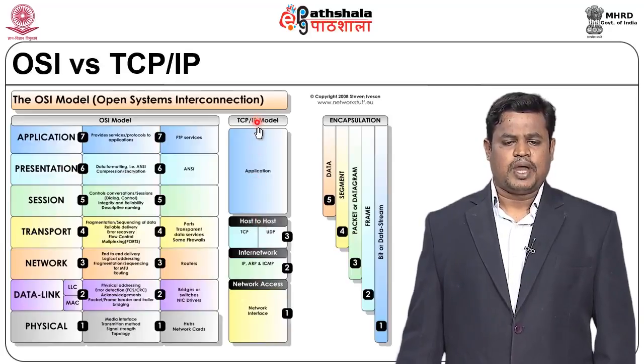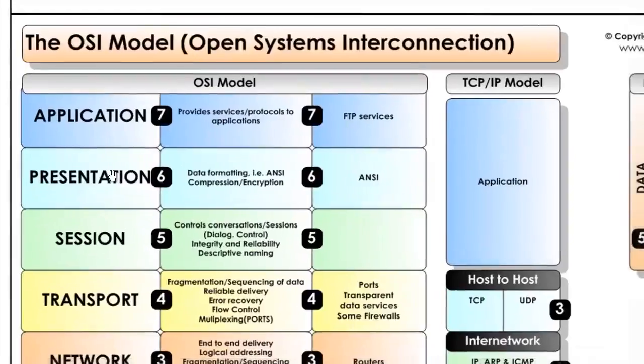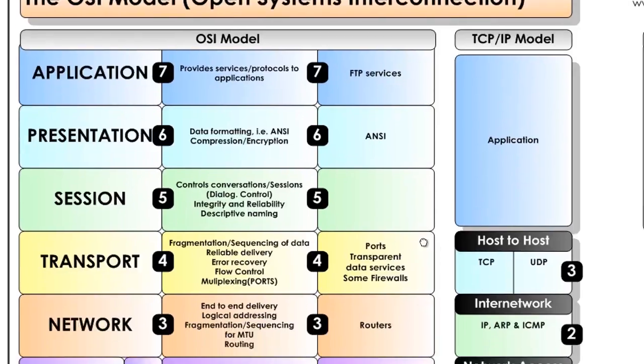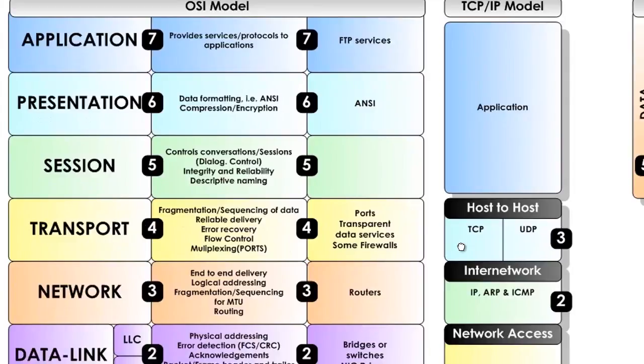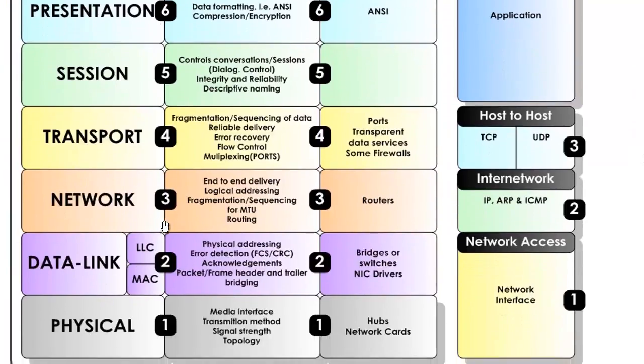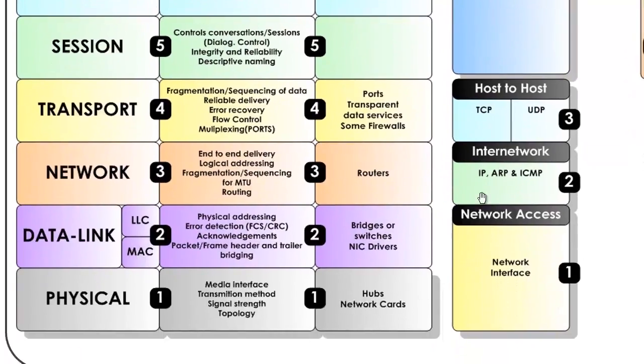When compared to our OSI model, which has 7 layers, the application, session and presentation layers are put together as one single layer called the application layer, and the transport layer is directly mapped to the transport layer of the TCP/IP model. The network layer is renamed as the internet layer, and data link and physical are combined and called the network access layer.